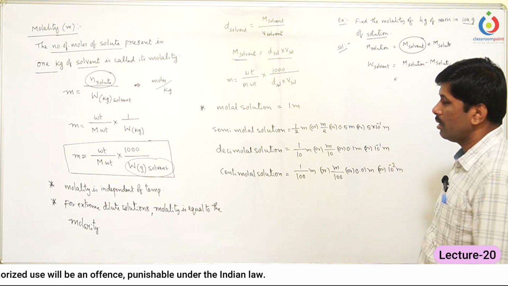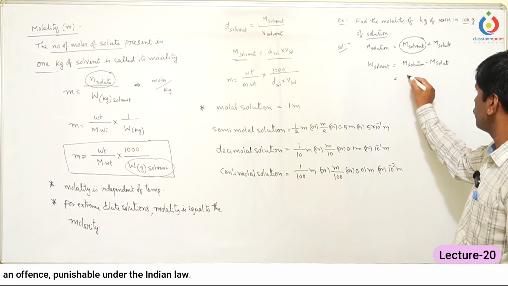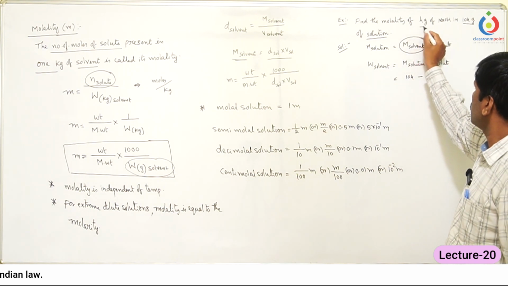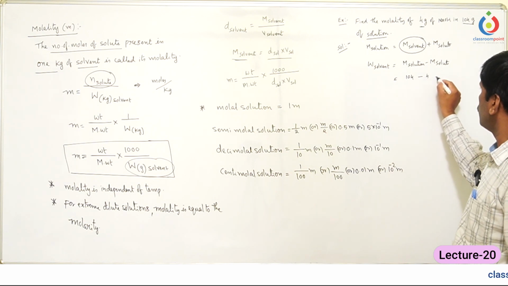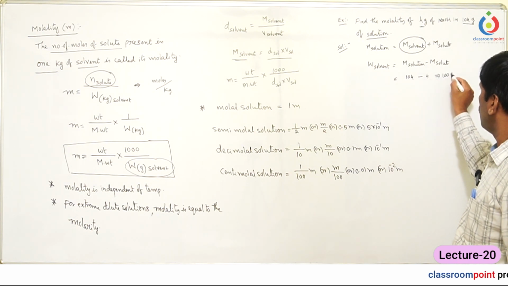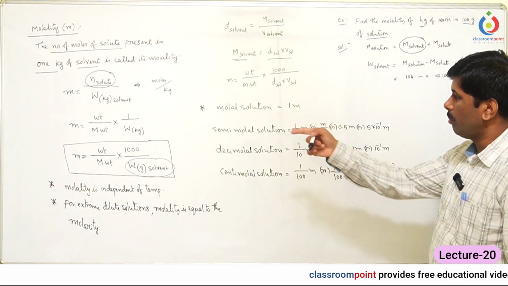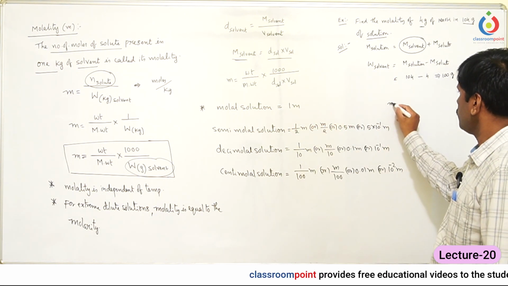Mass of the solution is given as 104 grams, so you take the 104. Mass of the solute is given as 4 grams, so the value is equal to 100 grams of solvent present. Now use this formula to solve the equation.